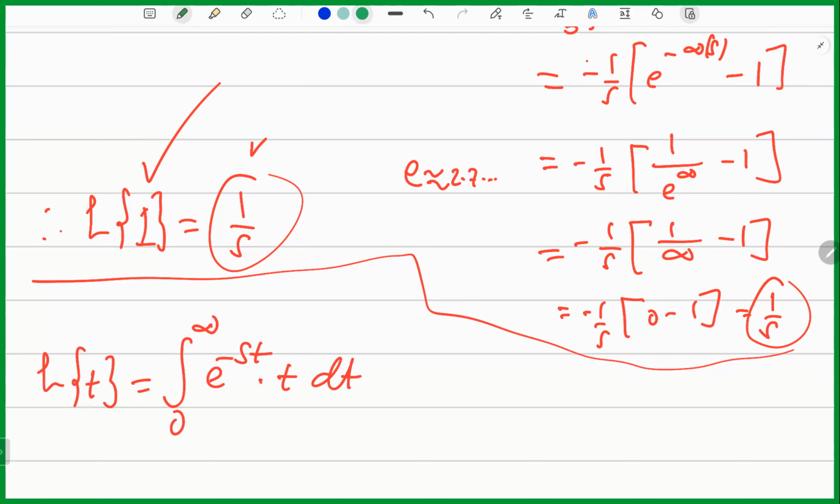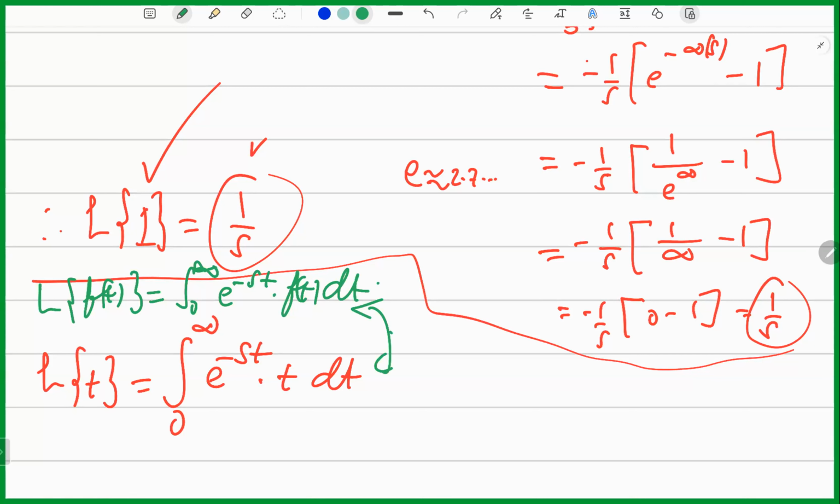We said that the Laplace transform of any function is the integral from 0 to infinity of e to the minus st times f of t dt. This is the formula in green, and now I want to find the Laplace transform of this.